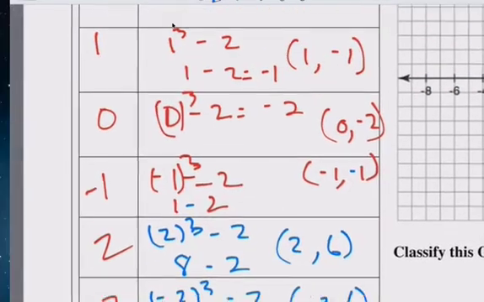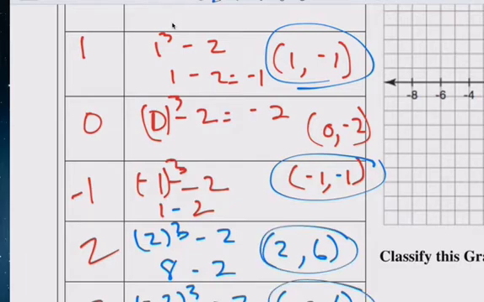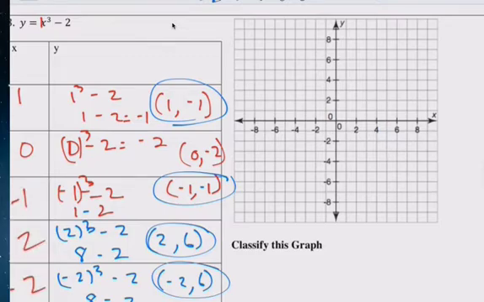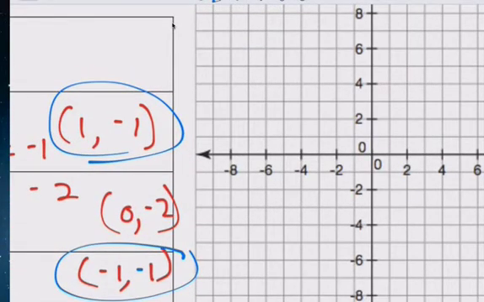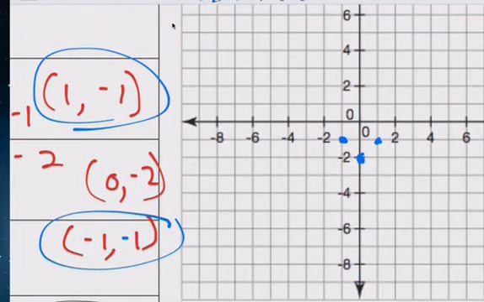Alrighty. Notice these have the same output, even though the inputs are different. Okay, so 1, negative 1 is here. 0, negative 2 is there. Negative 1, and then 2, 6.